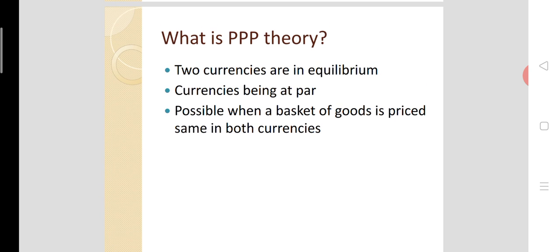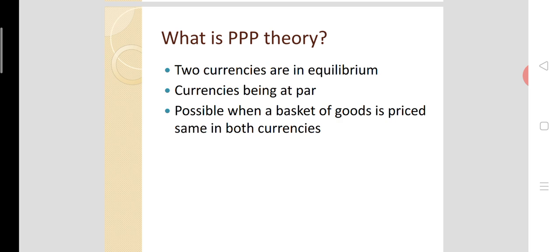And what does purchasing power parity theory mean? The purchasing power parity theory states that the two currencies will be in equilibrium, both currencies being at par. This could be possible when a basket of goods is priced the same in both countries. That means the price level in a country will be equal to the price level in another country.